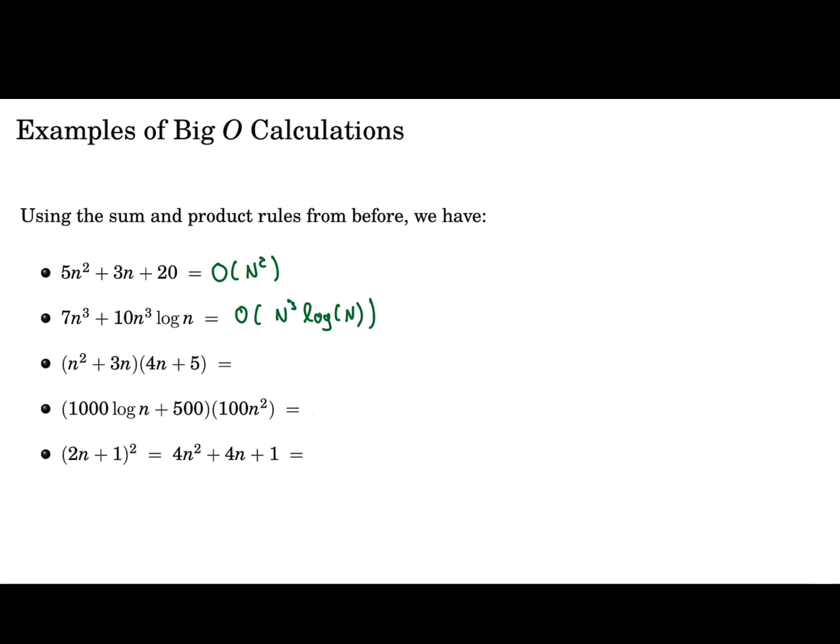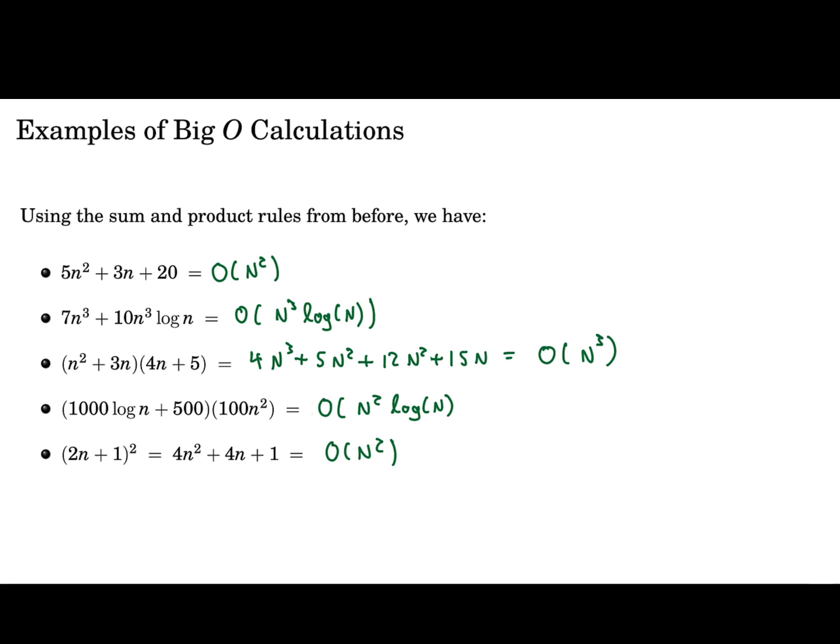If you open it up, this will give you 4n cubed plus 5n squared plus 12n squared plus 15n, and this will just be big O of the largest one, n cubed. And same here, you can distribute these two, and the largest is just going to be this term here, n squared log n. And again, the bottom one, we've done a similar one, so this is just big O of n squared.